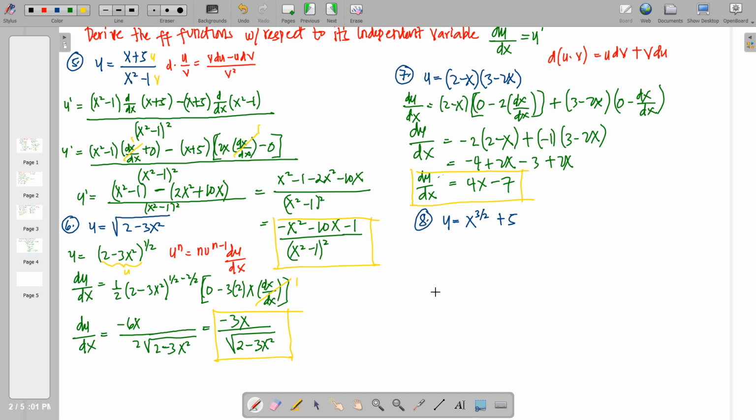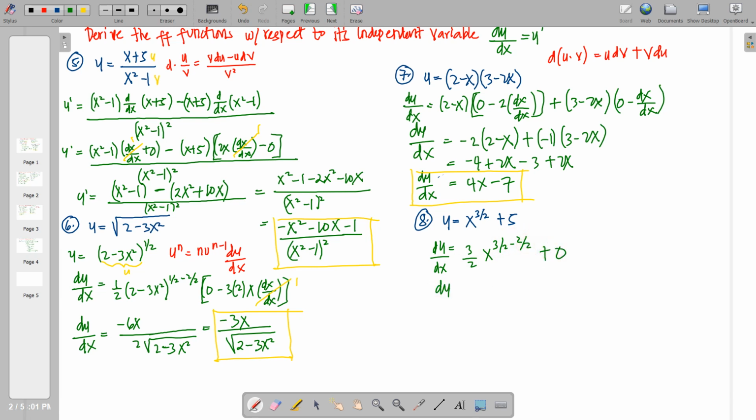Okay. So for the 8th, again this is algebraic sum. So we derive it right away. We bring down 3 halves, copy that one, subtract 1 from 3 halves, okay, that is 2 over 2, plus 0.